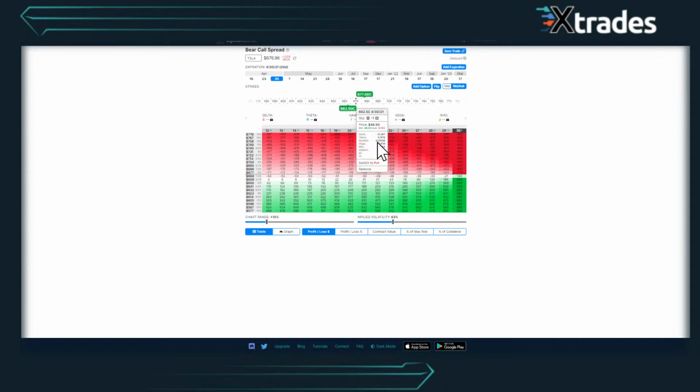Net delta probably isn't too hard to calculate. You just grab the delta from this one, 0.587, and this is 0.527, and you just put them together and you get your net delta difference, which is probably 0.06 or something like that, right? But yeah, it's not really that hard to calculate if you want to, but it is a hassle.